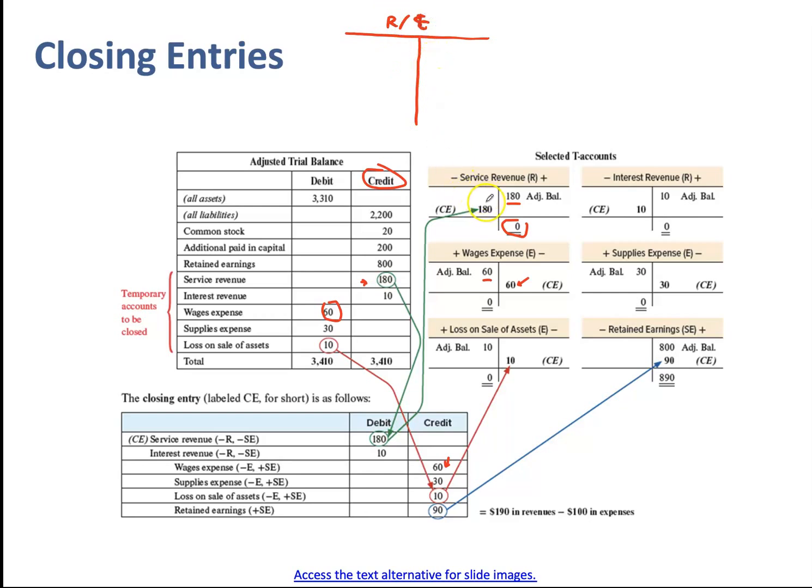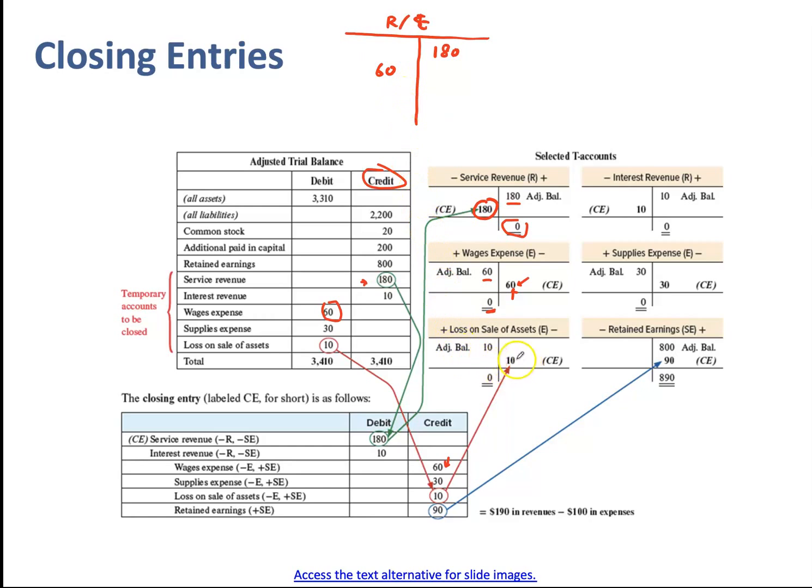So when I debit revenue for 180, I credit retained earnings for 180. That makes my previous statement true. When I have a debit, I have a credit, and they have the same amount, right? Similarly, when we credit the wage expense for 60, so that we make the wage expense go to 0, we would debit retained earnings for 60.